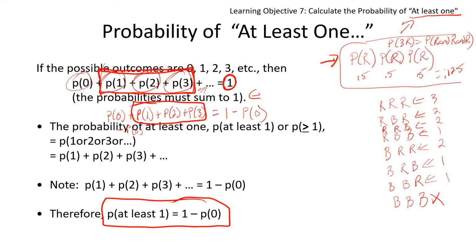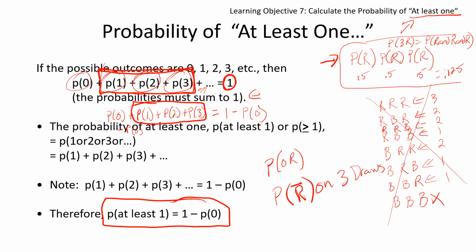And we can figure out the probability of 0 very easily. So what is the probability of getting 0 red? This is also known as the probability of getting not red. So what is the probability of getting not red on 3 draws?